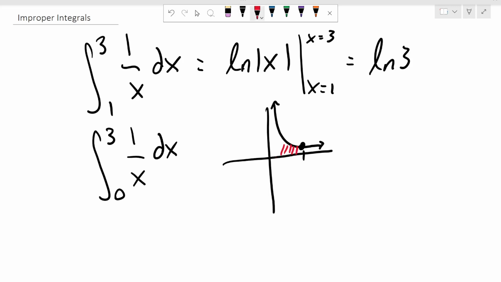But as we get closer to 0, that area we're looking for is blowing up. So there's an infinite amount of space here that we're integrating over. This doesn't necessarily imply that the actual area under this curve is going to be infinite. It could be, but it could also be finite.